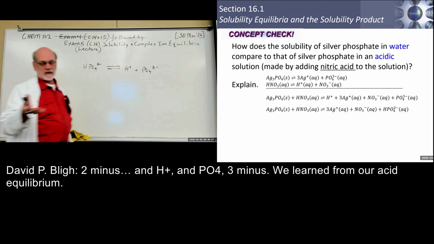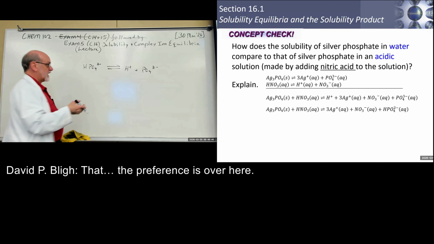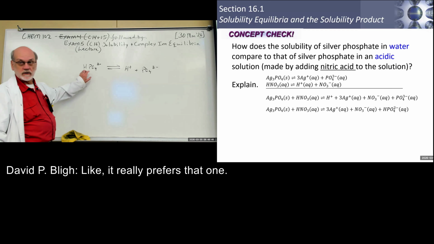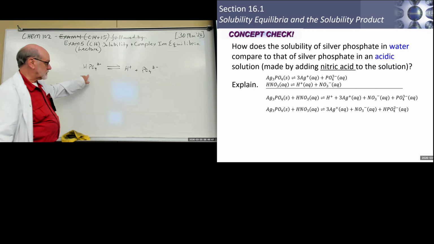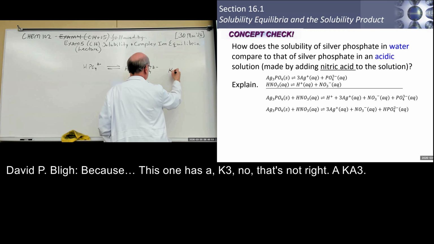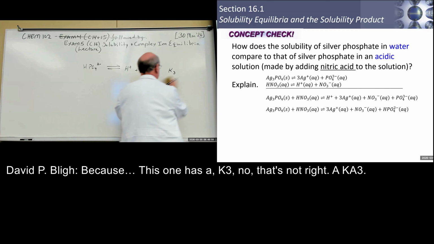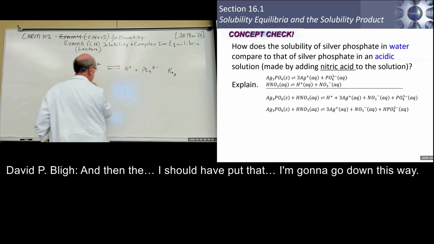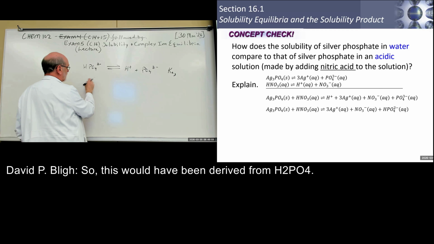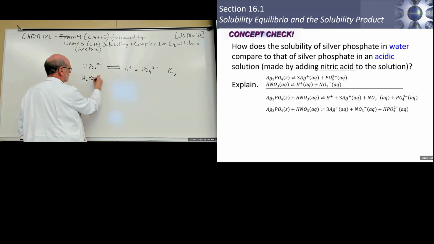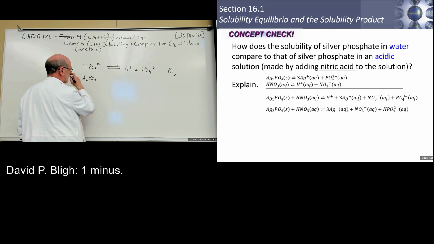We learned from our acid equilibrium that the preference is over here. Right? It really prefers that one. Because this one has a Ka3. And then I'm going to go down this way. So this would have been derived from H2PO4 1 minus.